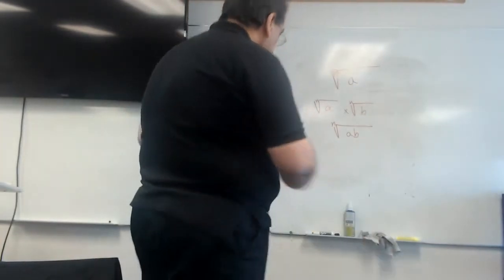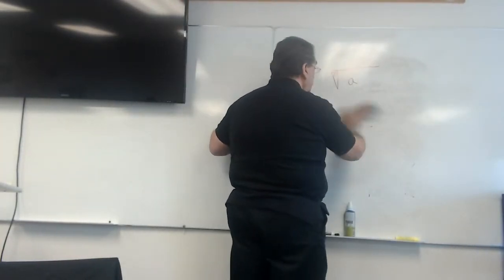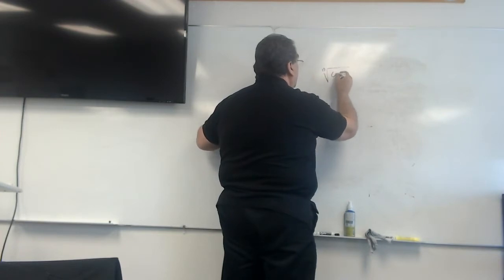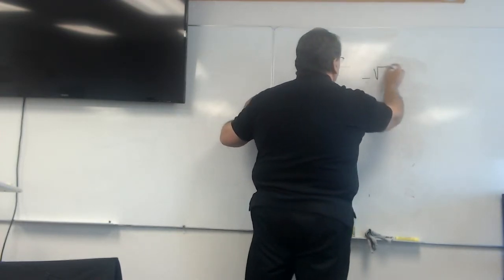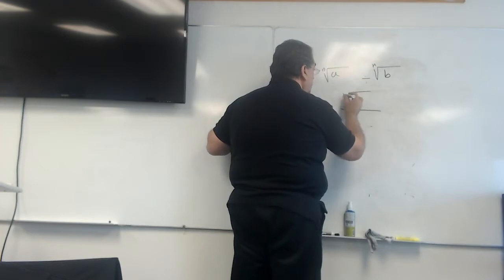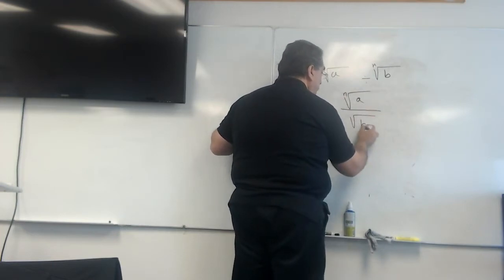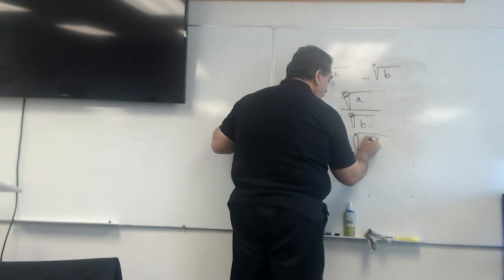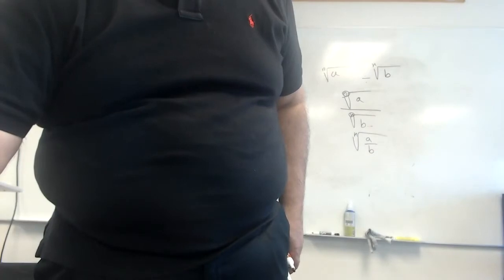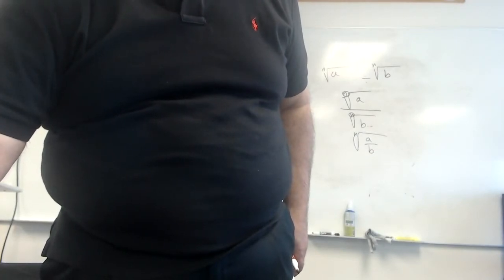If you are dividing them, the square root of A divided by the square root of B, you can write it as one root, because the root is the same, the square root of A over B. A has to be greater than or equal to 0, and B has to be greater than 0.